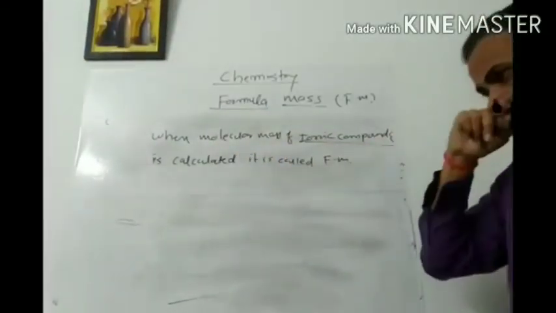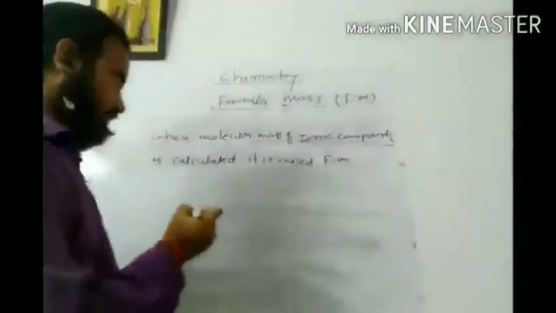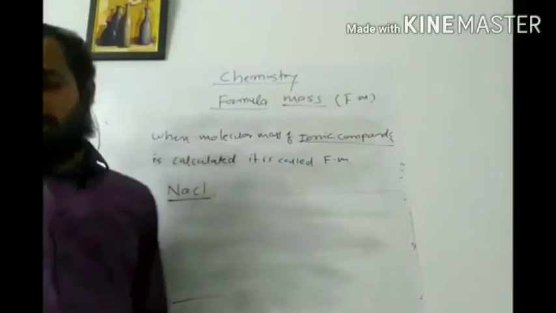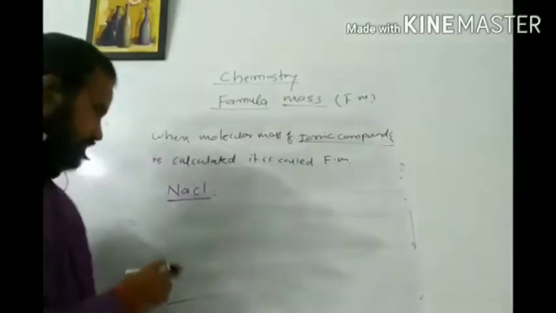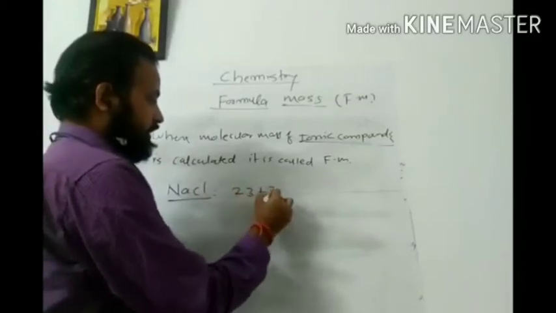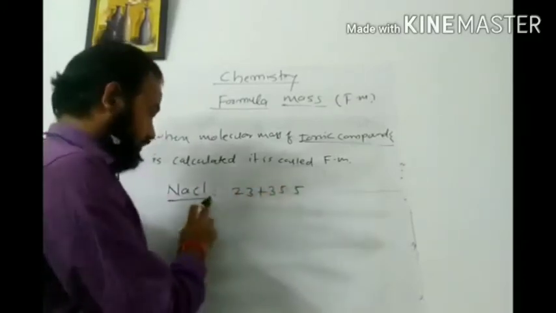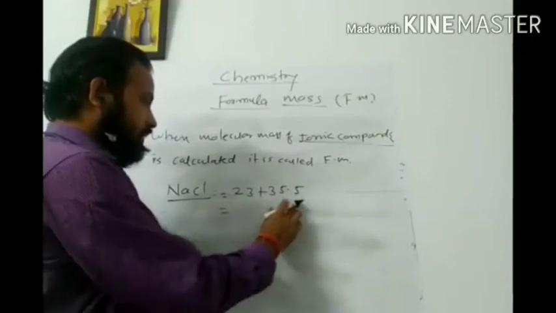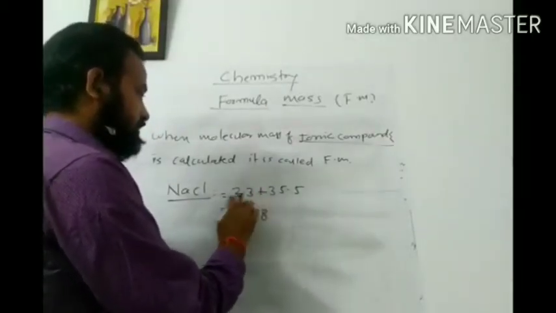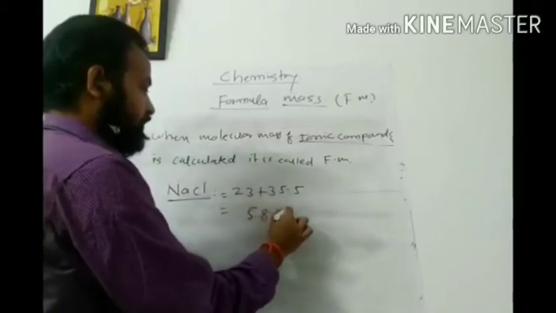Okay, for example, what is an ionic compound? Let us say NaCl. As we all know, sodium has atomic mass 23 and chlorine is 35.5. If I add it, it is 58.5, isn't it?